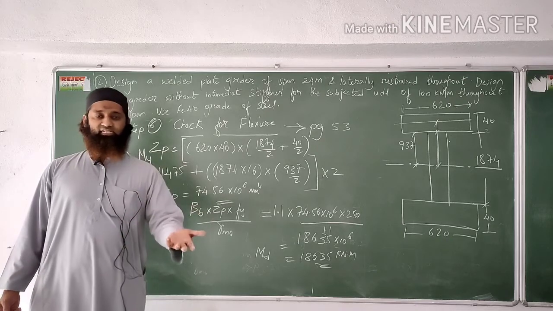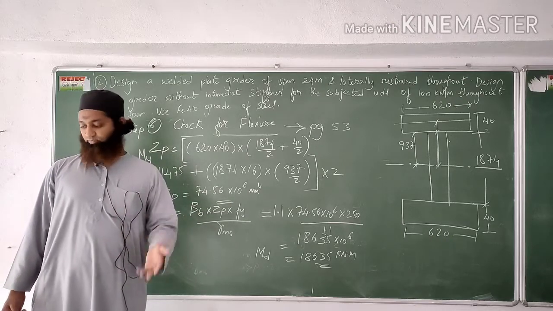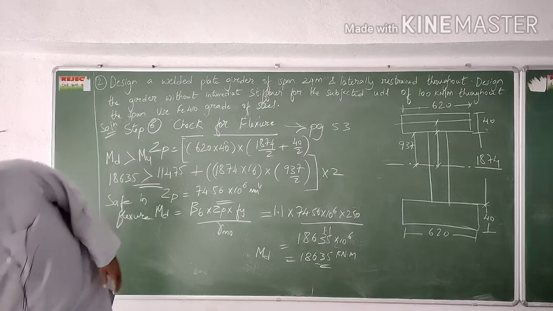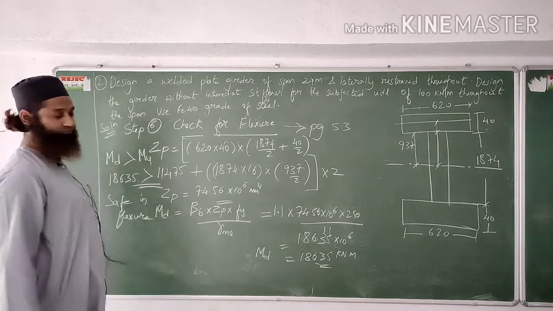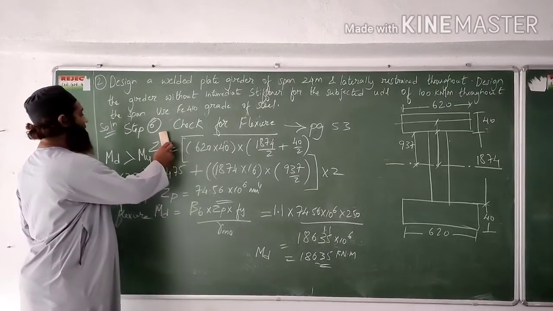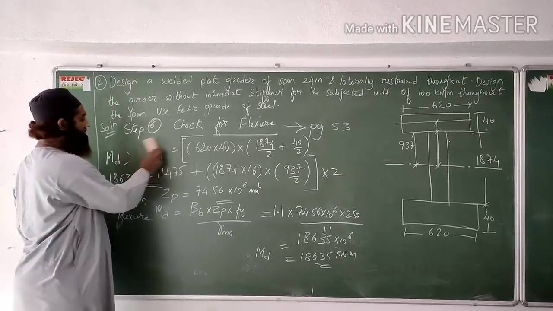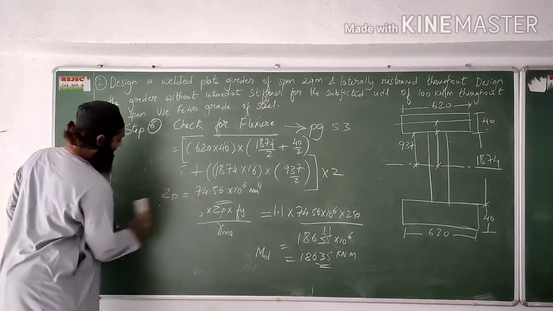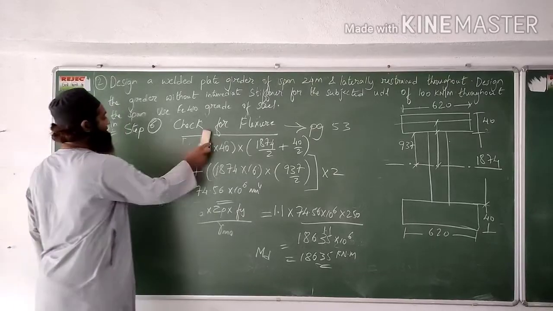Let us see the next step. We will have to see the curtailment of flange plates. Let us start with the next step. We will have to do the curtailment of the flange plates.